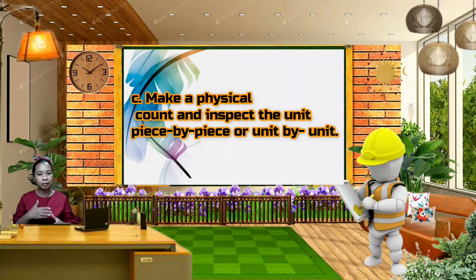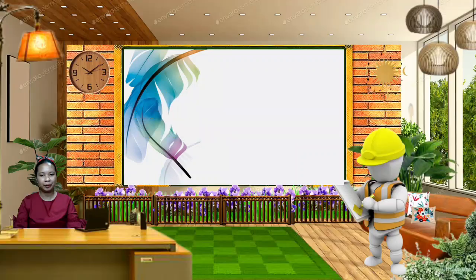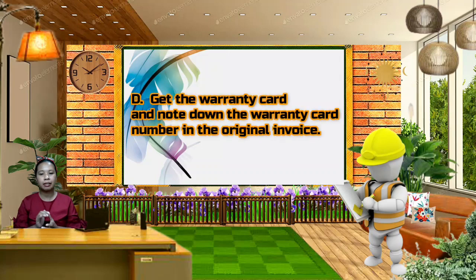So, a test run in your presence and that of the end user, and observe the actual performance during the test run. Letter D is to get the warranty card and note down the warranty card number in the original invoice. Check if the serial number indicated thereon is the same as that of the delivery.